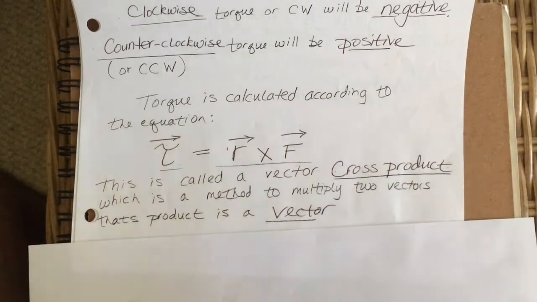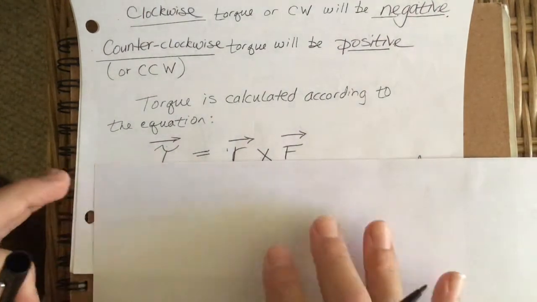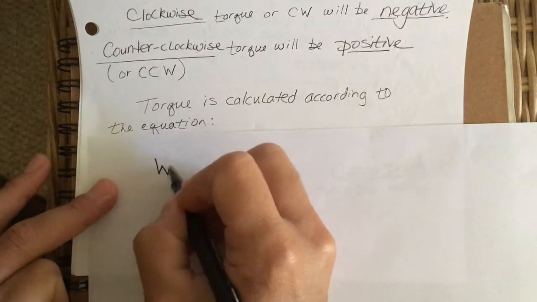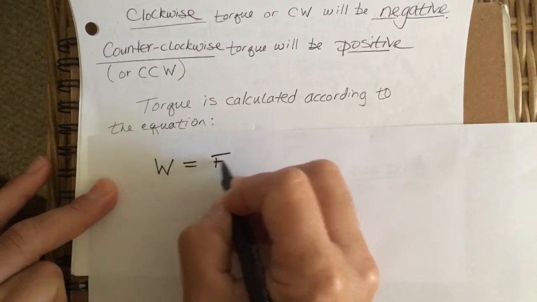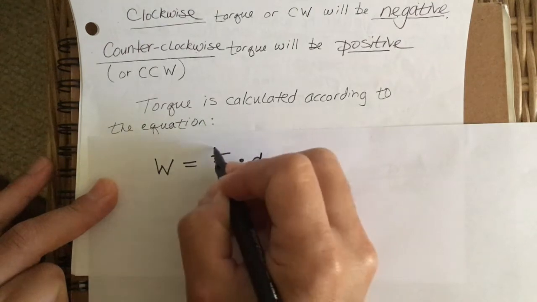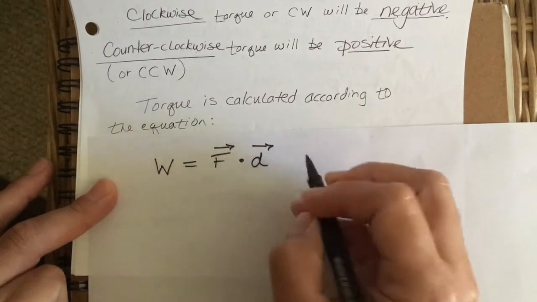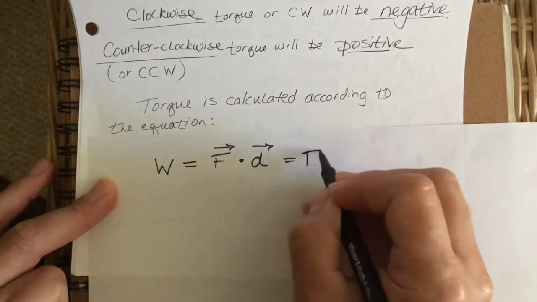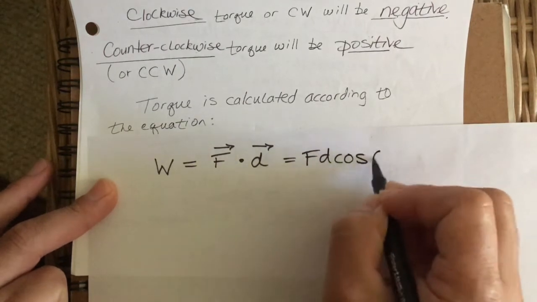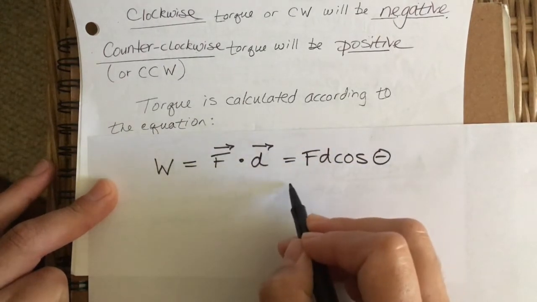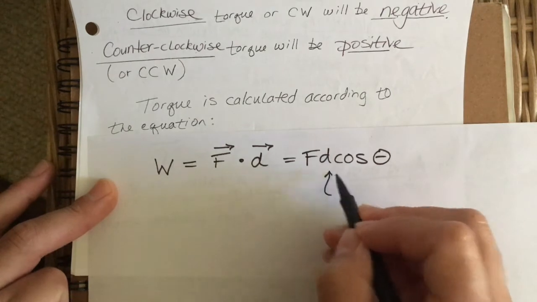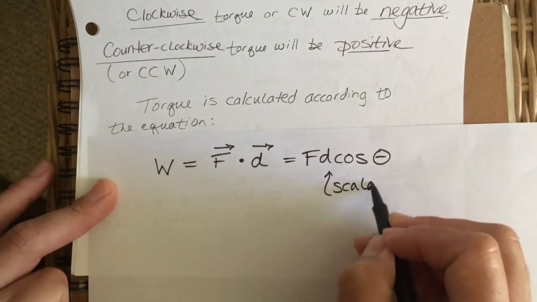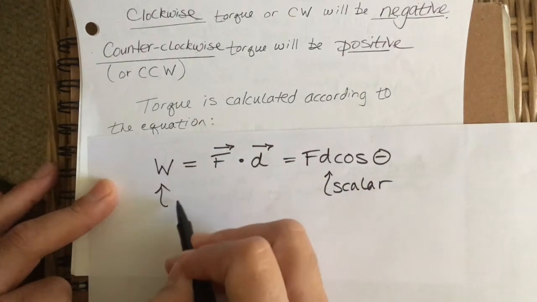If I go back for a second to when we had work, we multiplied two vectors, and we got F D cosine theta. But our answer was a scalar, right? This didn't point, because work is a scalar.